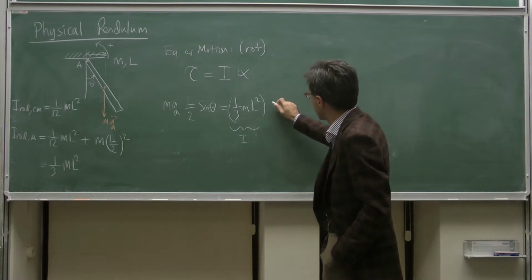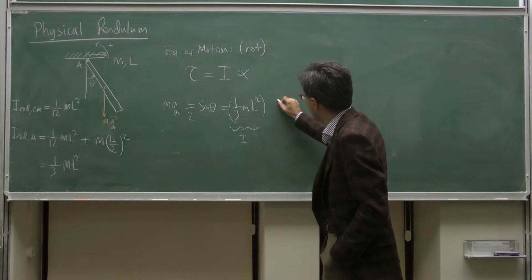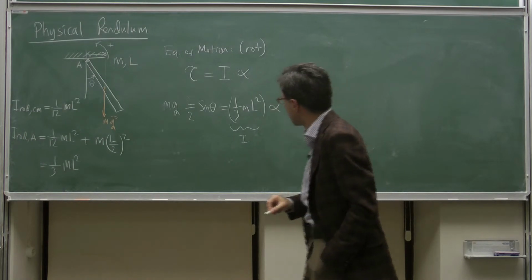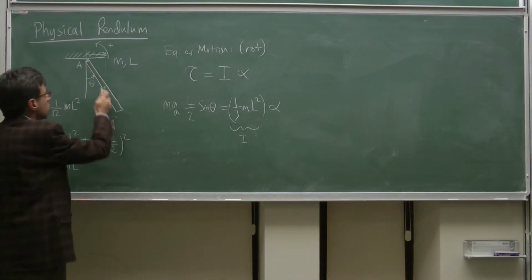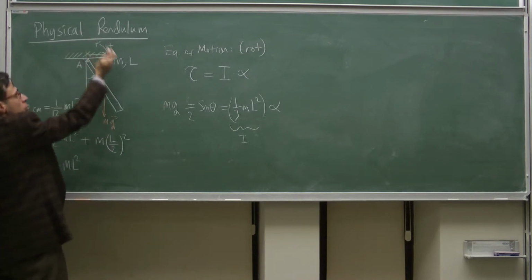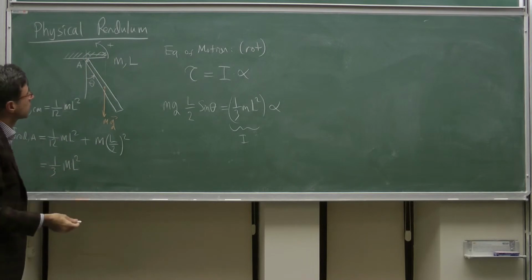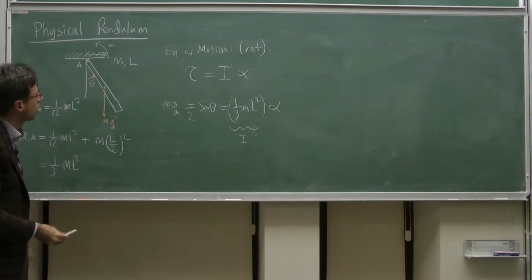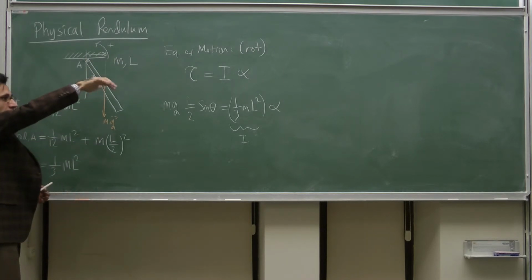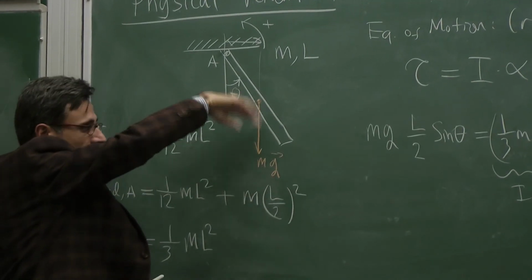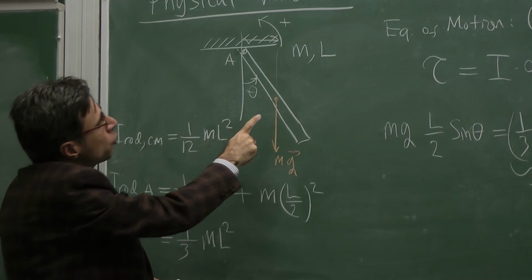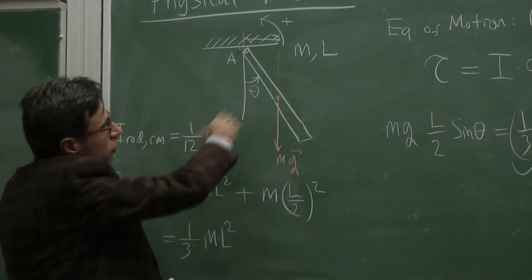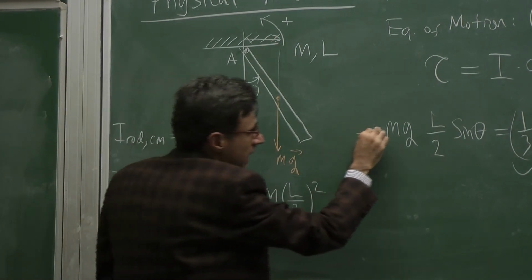Let me write this angular acceleration. You also have to think about the direction. Note that we chose that direction to be positive. In that case, the torque will tend to rotate in the opposite direction. This is pulling down, so it will try to move the rod in the opposite direction, and this is negative.